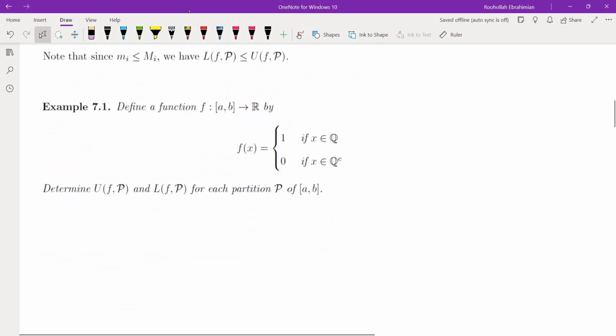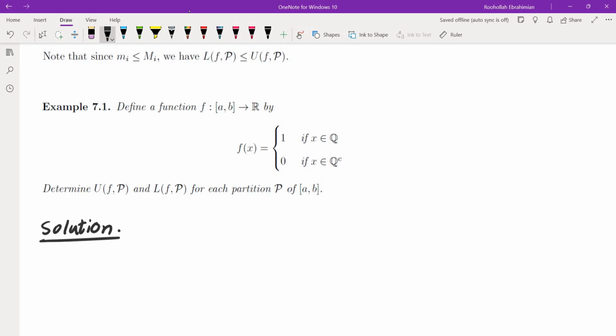Okay, so let's just start with an example to understand the idea of this lower sum and upper sum. Define a function f from [a, b] to R by f of x equals 1 if x is rational and 0 if x is irrational.